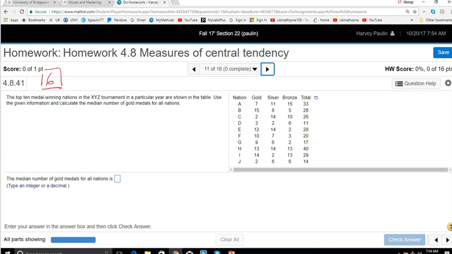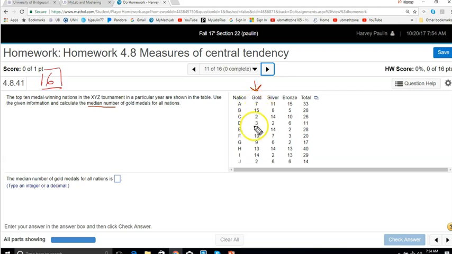Now, as we look at example 6, this will take a little bit of time because we're asked to determine the median number of gold medals.